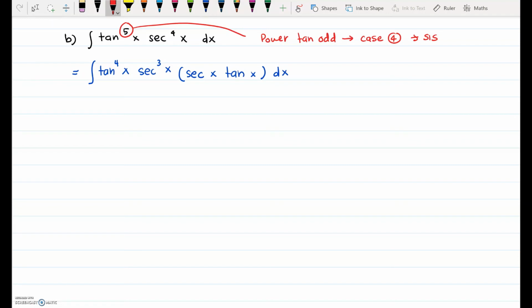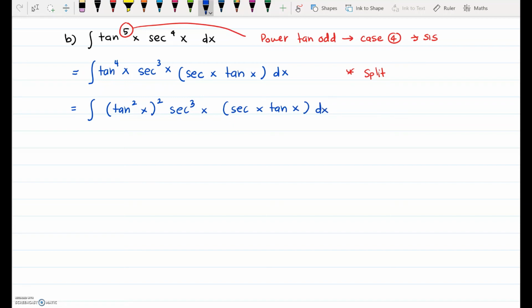The second step is we will use identity. Since the identity we need to use is for tangent square, we have to write the power of 4 as tangent square x, squared, times secant cube x, and secant x tangent x dx.